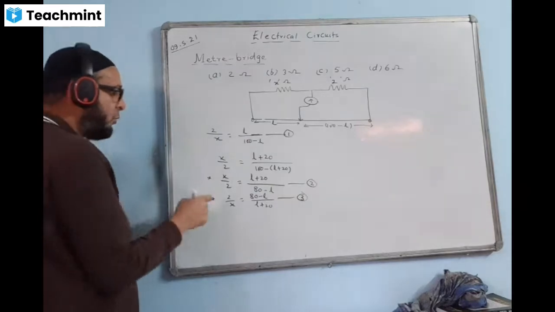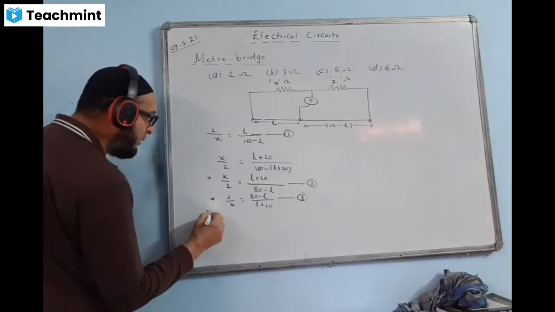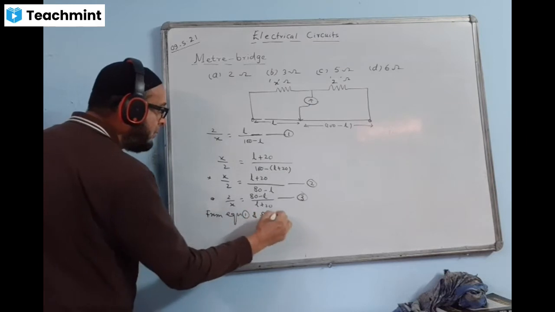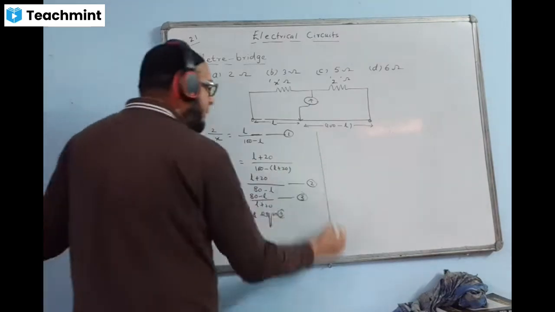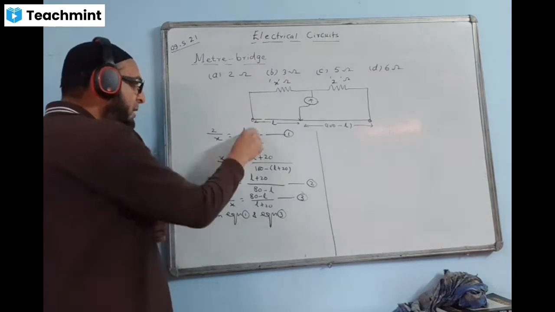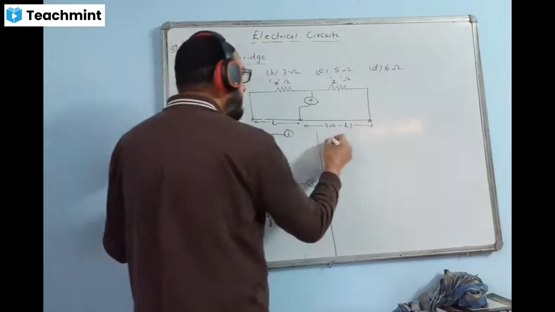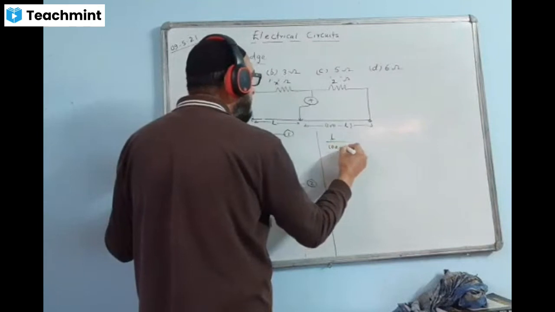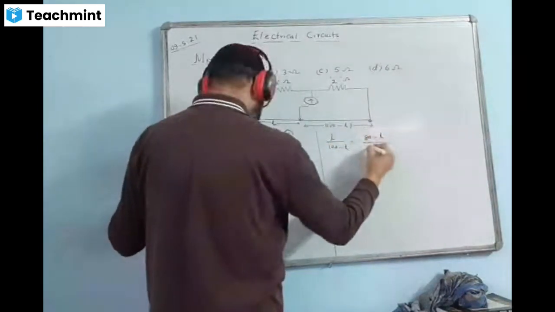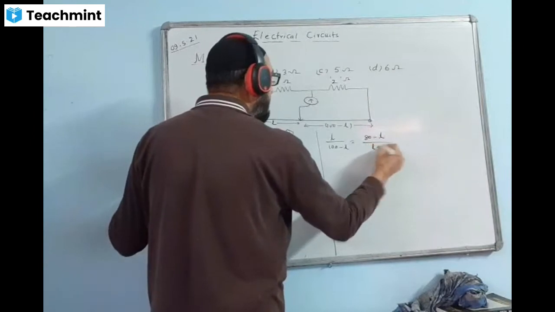From equation 1 and equation 3, the left hand sides are equal, so the right hand sides will be equal: L upon 100 minus L is equal to 80 minus L by L plus 20.